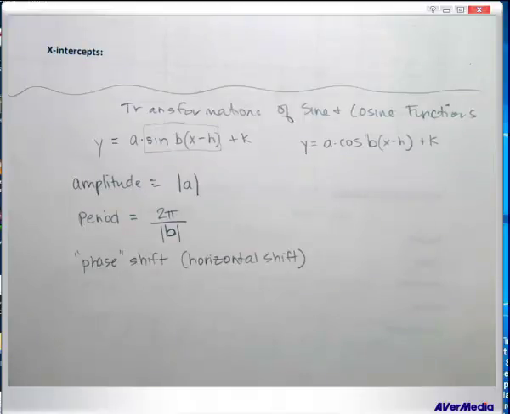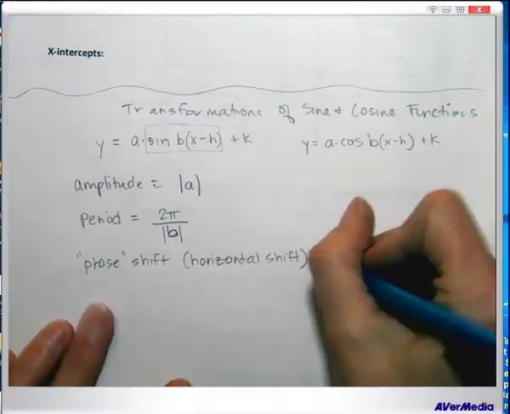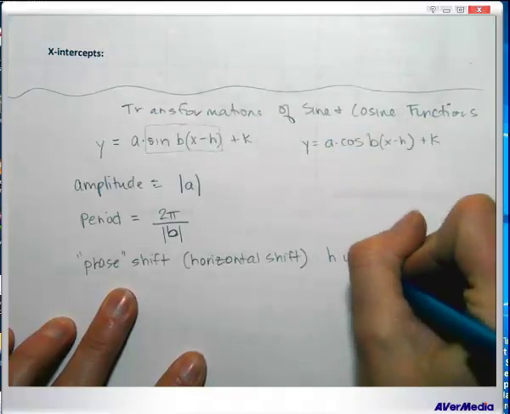Tori? Not the k, because the k is on the outside. Outside affects the y's or the vertical plane. No. I think you're thinking a reflection, Cole. It's the h. Horizontal shift h units.